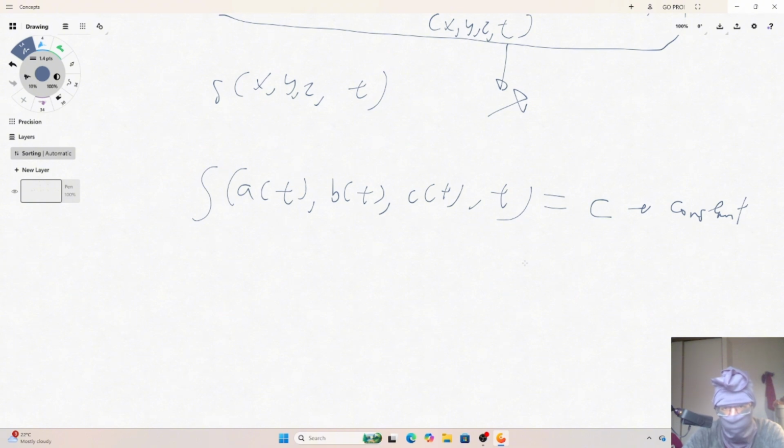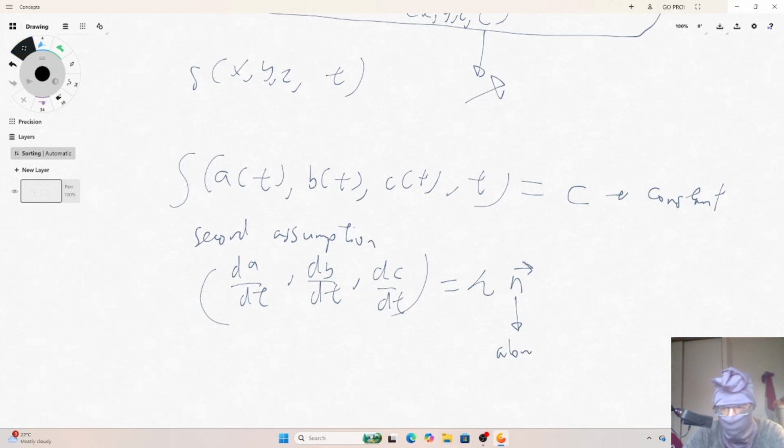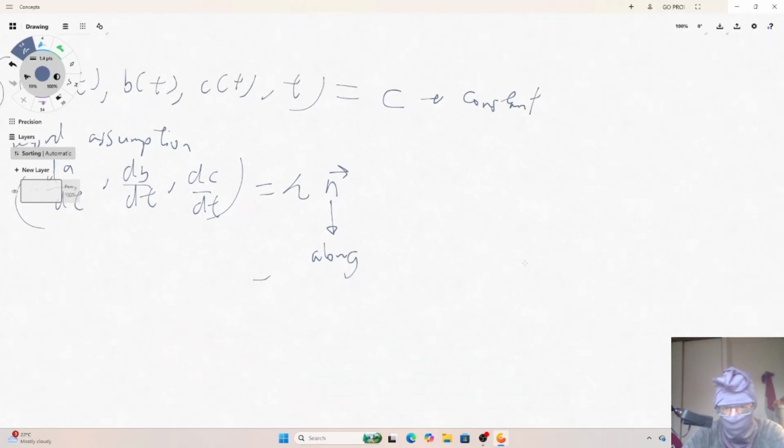And also, second assumption, we want dA over dt, dB over dt, and dC over dt to be proportional to the normal of S along the wavefront.